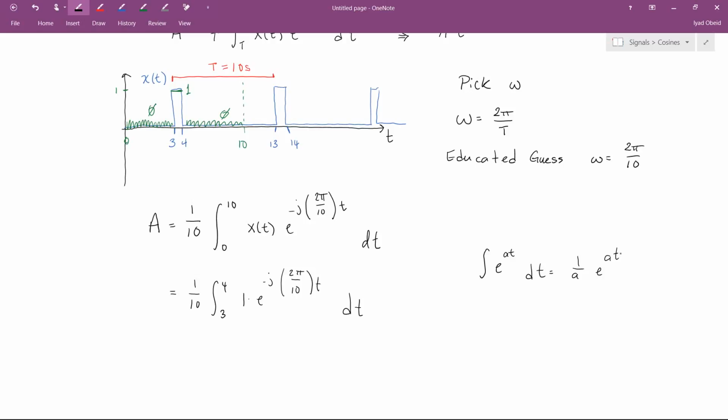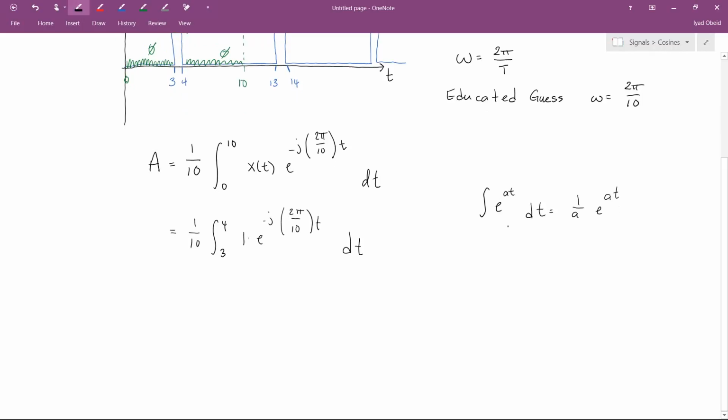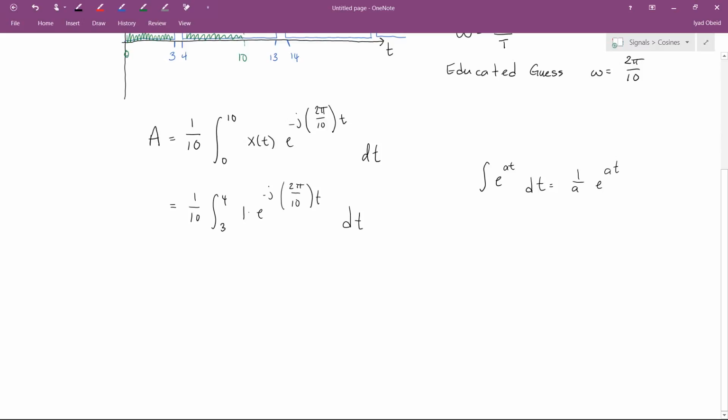Whereas here we only need to do one integral to solve for A. We get a conjugate for free. And secondly, the actual integrals themselves would be much more complicated. E to the at is pretty easy to integrate. Cosine is complicated because when you integrate it, it turns into sine, and things get a lot harder to solve for. So in this case, our particular value of a is minus j 2 pi over 10.